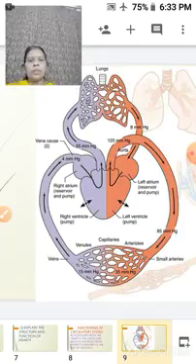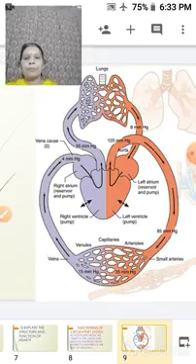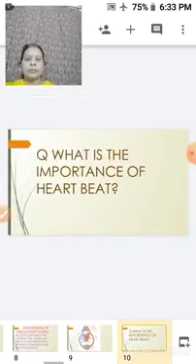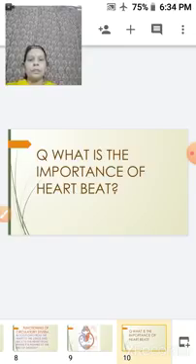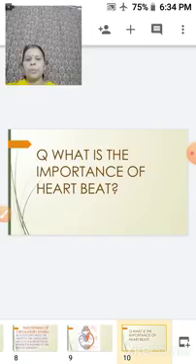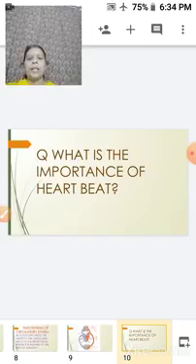During relaxation, deoxygenated blood is received from the body parts and pure blood from the lungs. But during contraction, the deoxygenated blood is sent back to the lungs for further purification, and the oxygenated blood from the heart is sent to the different parts of the body. And so this cycle goes on and on.